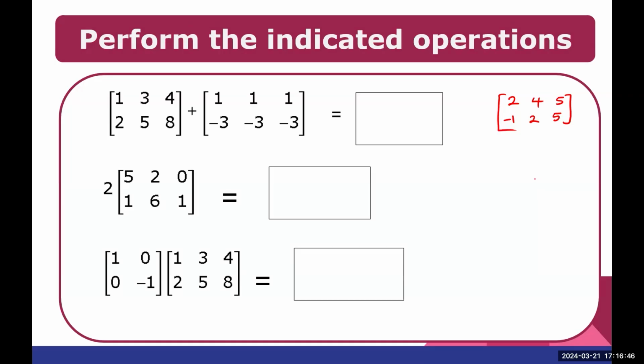And for the second one, she has, that's Gabriel, 10, 4, 0, 2, 12, 2. All right, so those are her guesses. So what about the last one? So for the last one, it's 1, 3, 4, negative 2, negative 5, negative 8. And that's from Gabriel.